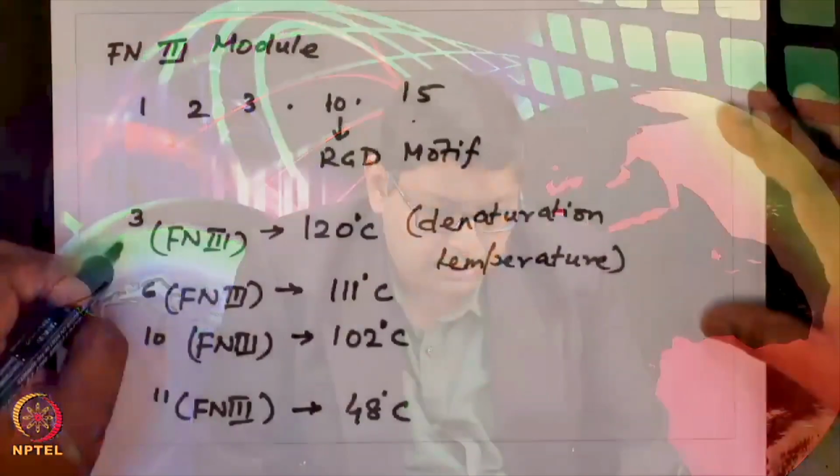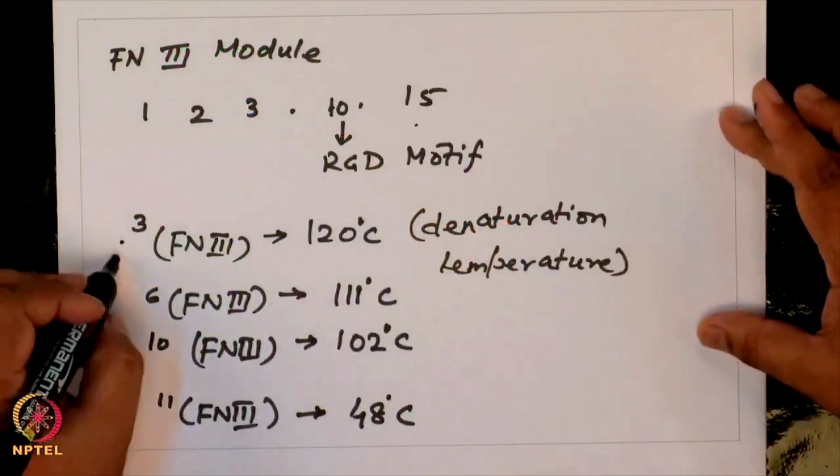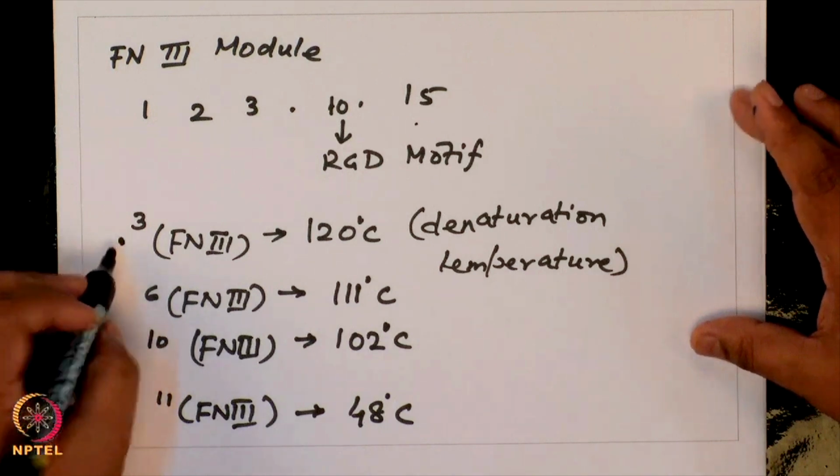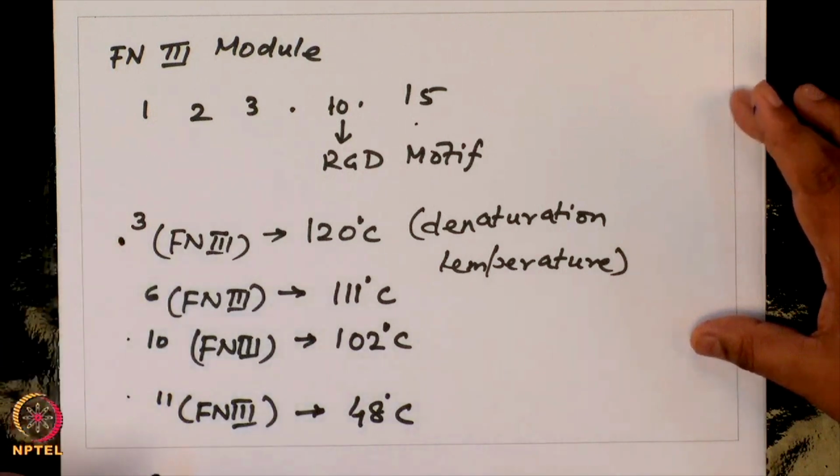Now, if a domain unfolds at a higher temperature, this would suggest that this domain is much more stable than any of these other domains.